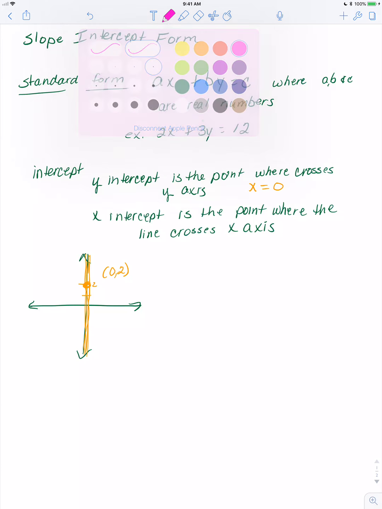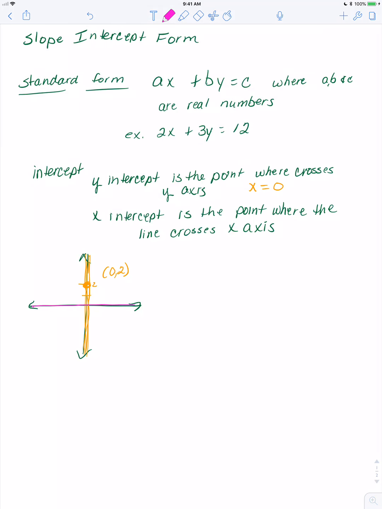Now, when we talk about the x-intercept, that means the point where this line, whatever line we're graphing, is crossing the x-axis. So any point along here, if we decide it's going to be this point right here, is at 4, 0 if we gave that ordered pair. So that's where y is equal to 0. Any point along the x-axis, y is equal to 0.